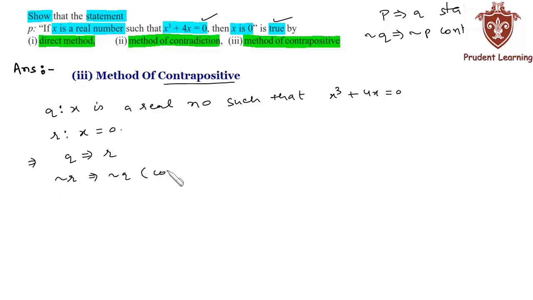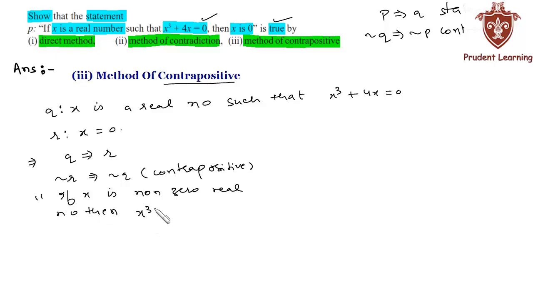This is the contrapositive of the given statement. Now the contrapositive would be: if x is a non-zero real number, then x cube plus 4x is also non-zero. Let me write it. The contrapositive would be if x is a non-zero real number, then x cube plus 4x is also non-zero.